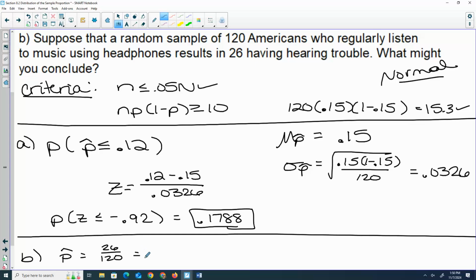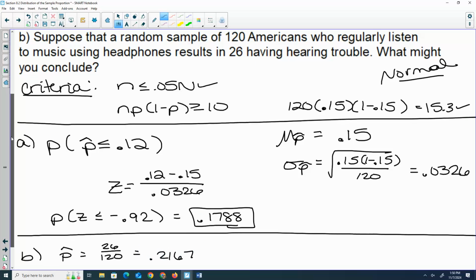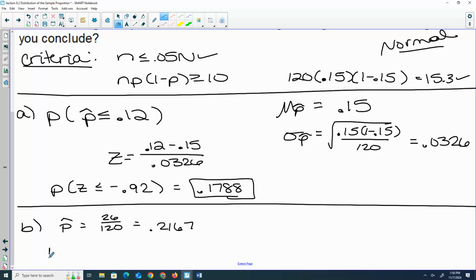So p-hat is 0.2167. Is that higher or lower than we would expect? It's more than the mean, correct? So if we think about, in our normal distribution, this one is centered at 0.15.